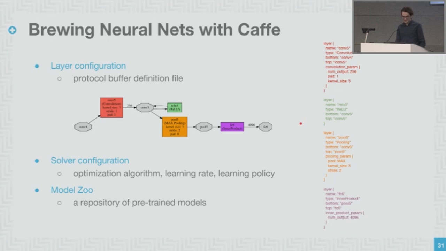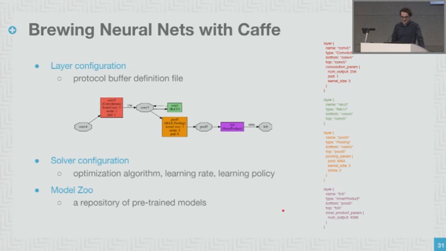To start training, we also need to configure the solver. It also has a configuration file that looks like this. We can set our optimization algorithm, choose the learning rate, and define the learning policy using this configuration file.